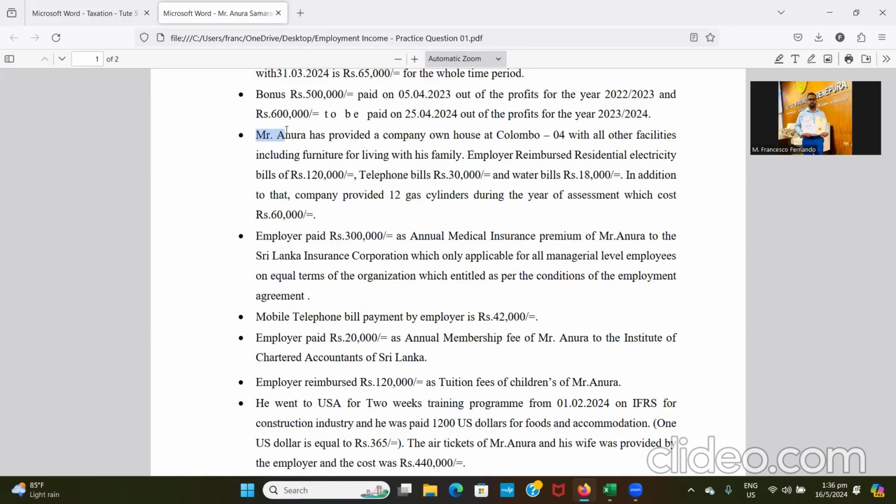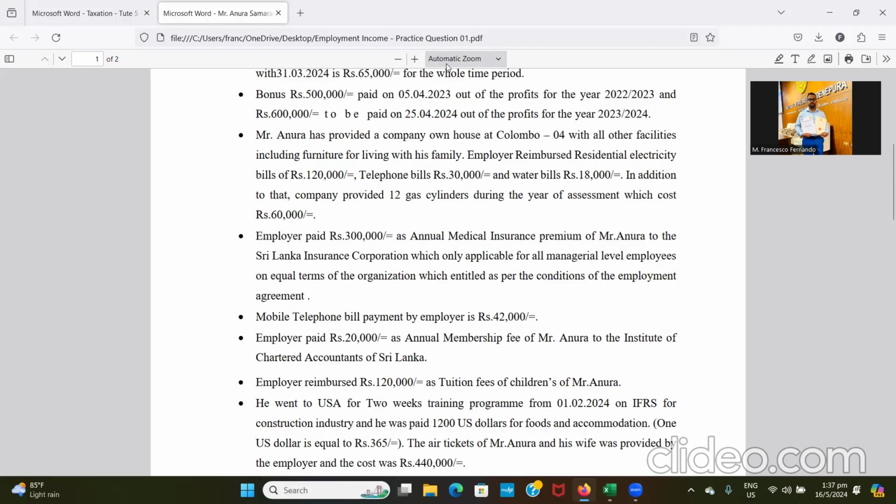Right. So here also there is another table which is applicable. If you see the lecture slides, there was a table regarding these housing benefits: electricity bills, telephone bills, water bills, gas. For the electricity bill, we should take 100% as taxable.